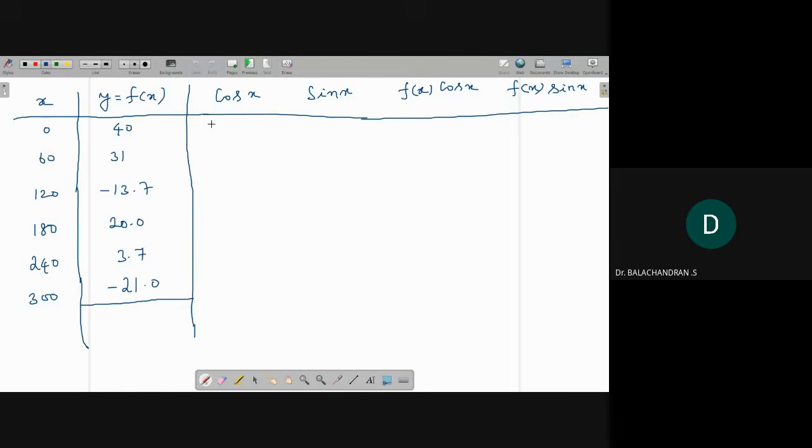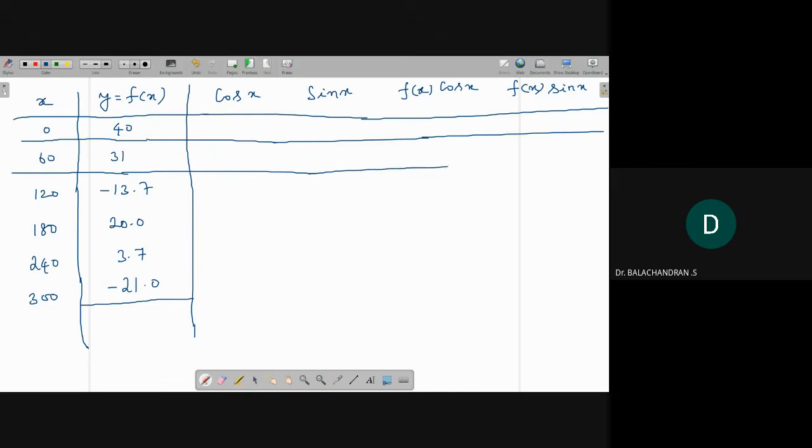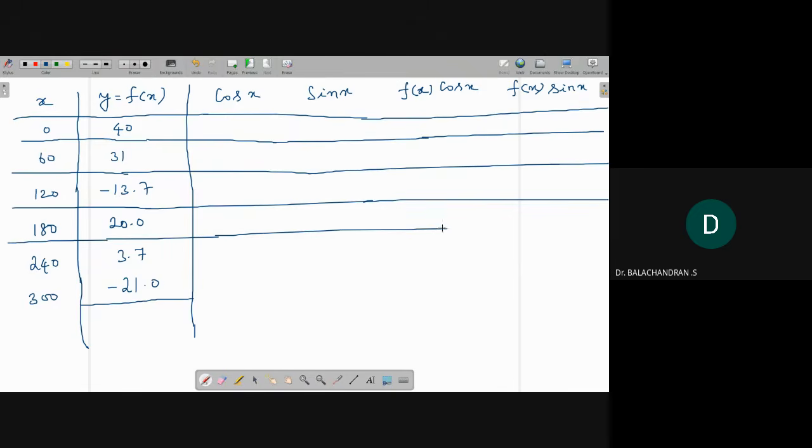Okay. So I will find out later. So cos 0 is 1. Fill up the table quickly and then if you got the answer you can tell.